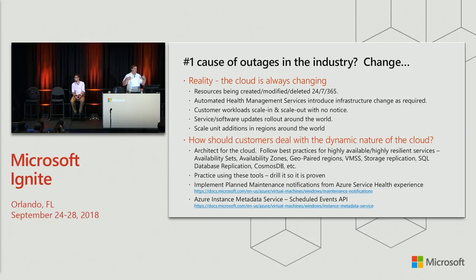Azure Instance Metadata Service, Scheduled Events API. This is an in-VM API that fires an event 15 minutes before, this isn't days before, but 15 minutes before, for VM events where it's going to freeze or pause for a moment, service heal, or actually reboot.